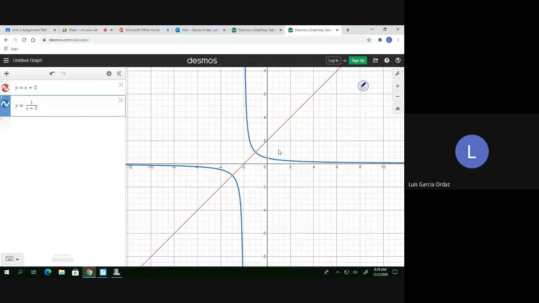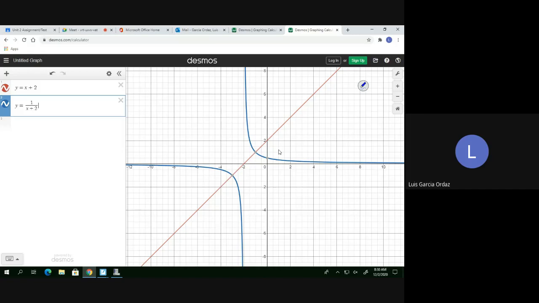So if we look at the graph over here, the red line is y is equal to x plus 2, and the blue graph is y is equal to 1 over x plus 2. In y is equal to x plus 2, do we have any zeros or asymptotes? Yeah, negative 2. And for y is equal to 1 over x plus 2, do we have any zeros or asymptotes? Oh, vertical asymptote, sorry. Where's the vertical one?